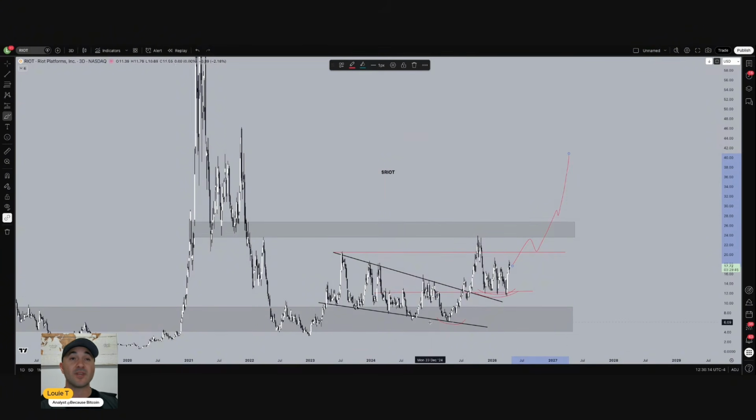So you could either simply accumulate at the lows of your wedge and hold through all this, right? If you have a longer term time horizon, or you could intra-trade it where you're buying the wedge lows, selling the range highs, multiple times over, and then eventually trading the breakout of the wedge. So there's multiple different ways to trade this.